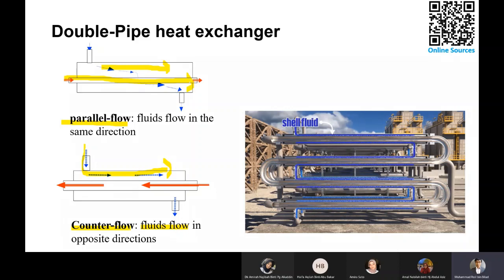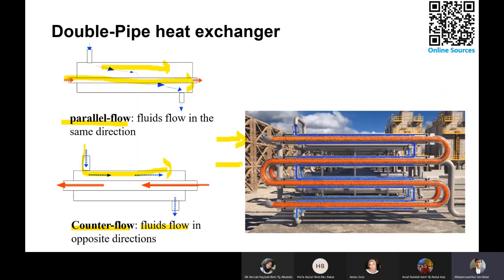You see here in the illustration, the shell fluid, I think blue represents the cold, goes in the opposite direction. Now you have a multiple pass double pipe heat exchanger. So what is multiple pass? One level is called one pass. The second level is the second pass. The third level is the third pass.